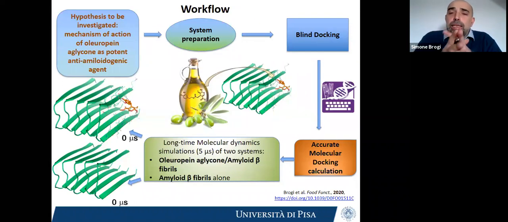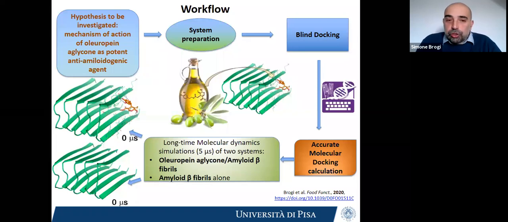After that, this complex of oleuropein aglycone and amyloid beta fibrils was used as a starting point for performing a long-time molecular dynamics simulation in order to evaluate the effect of oleuropein aglycone within the amyloid beta fibrils.